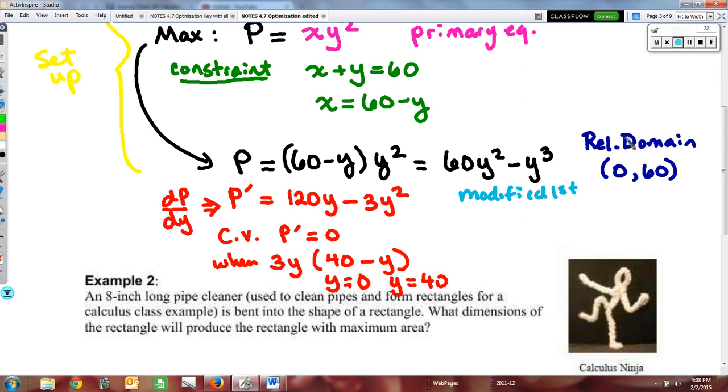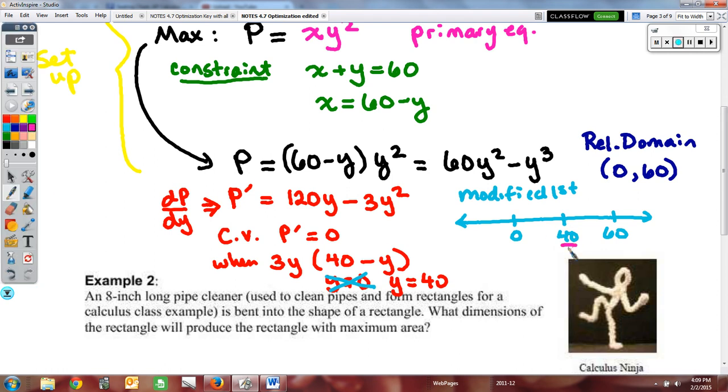Now, once I have my relevant domain, this 0 is not even a candidate because it's not in my relevant domain. So when I'm looking at my sign chart for this, I'm going to start at 0 and go to 60. However, I am only interested in the 40 as a critical value.